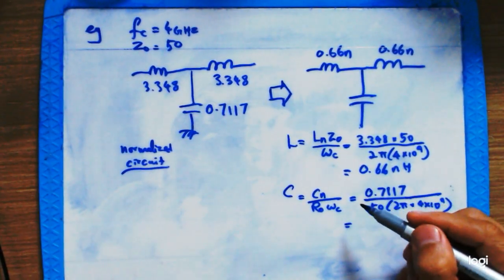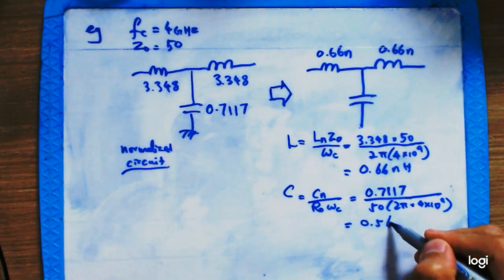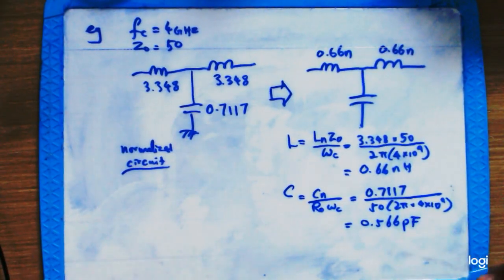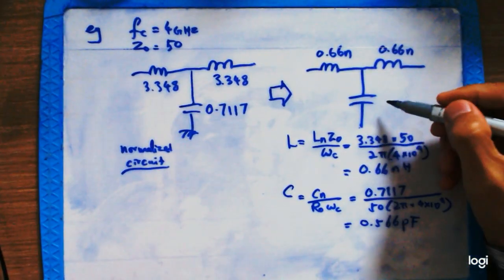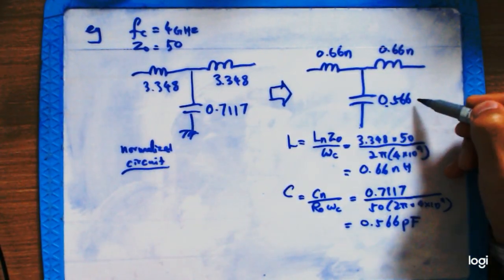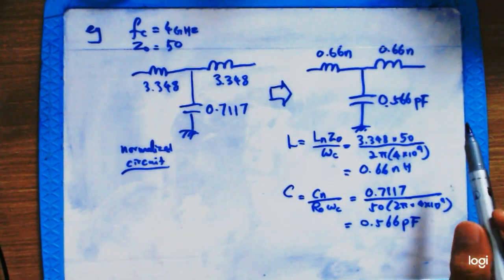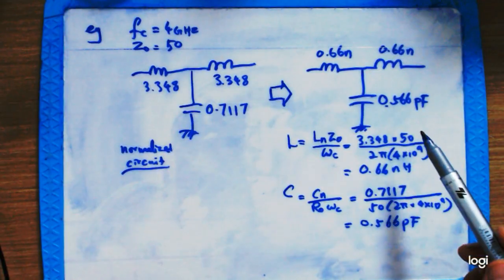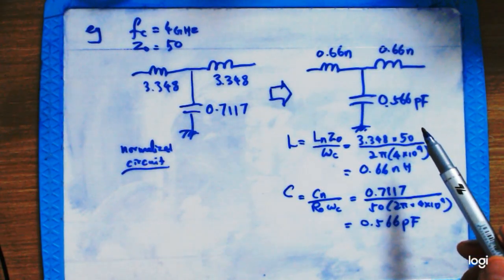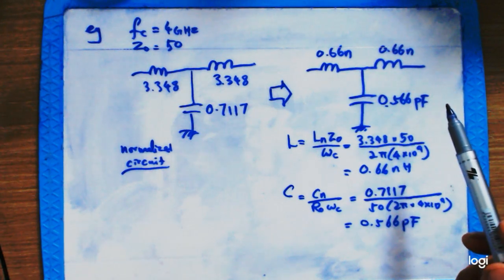If you work out very carefully, you will get 0.66 pico. So this is the real one, not a normalized one. Okay, so this is ultimately the lumped element version of the filter that the question asked for.